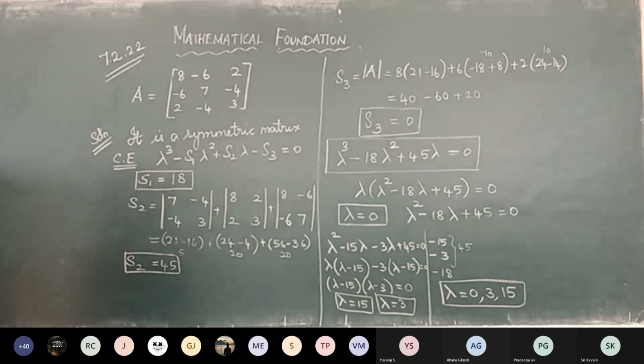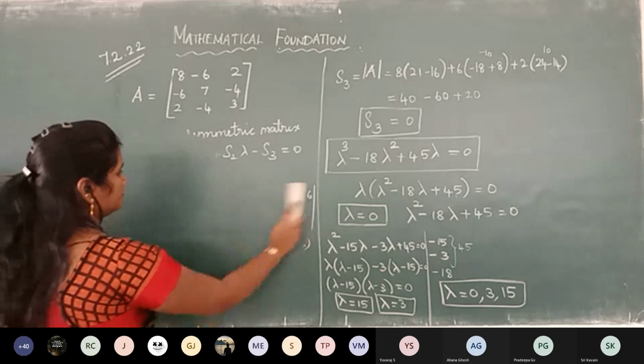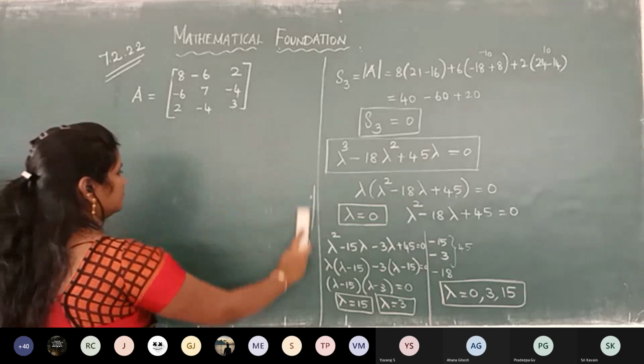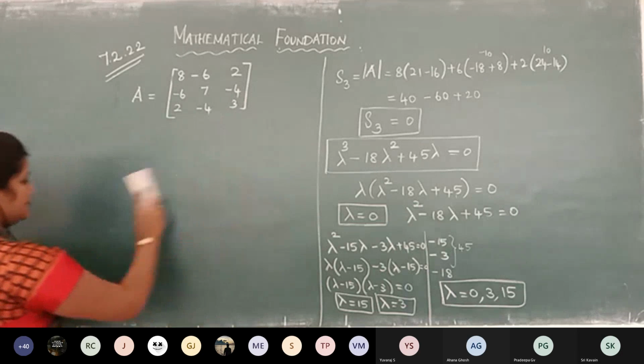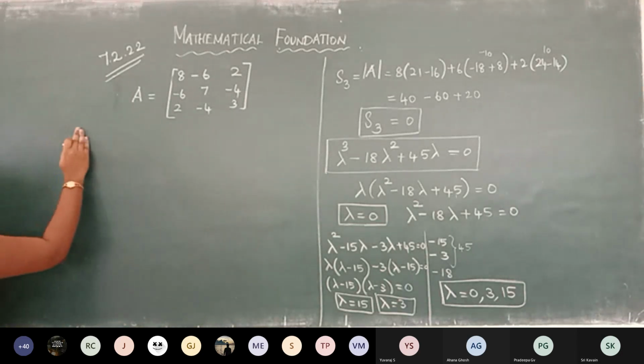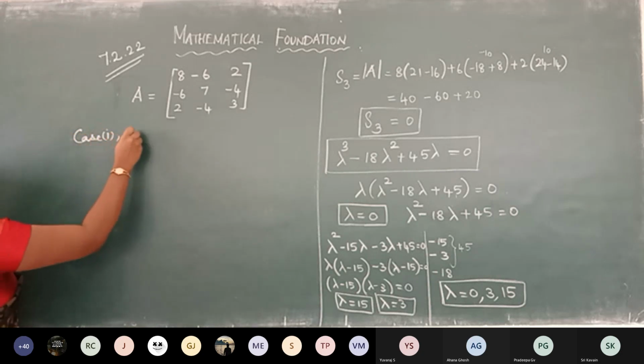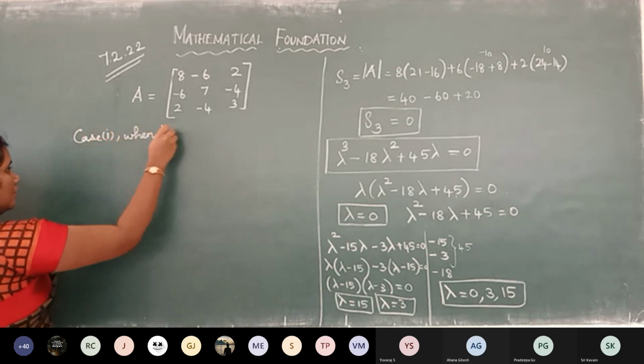Started from lambda equal to 0. Case 1, when lambda is equal to 0.